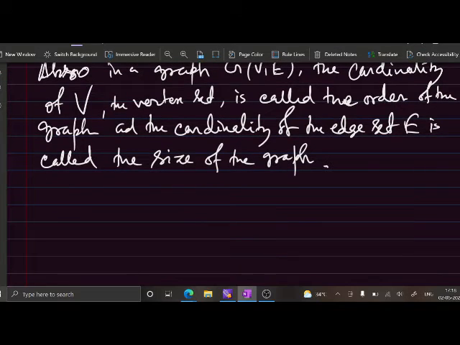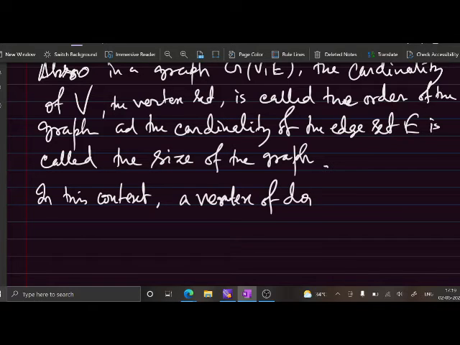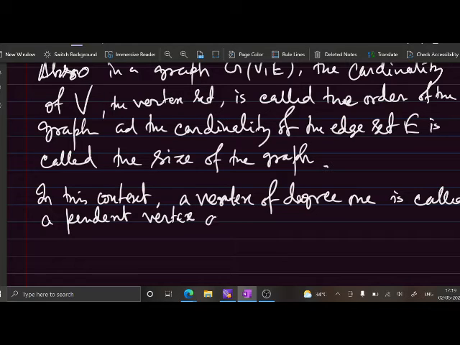Now in this context, a vertex of degree 1 is called a pendant vertex, or one may say that it is a leaf, a vertex of degree 1.